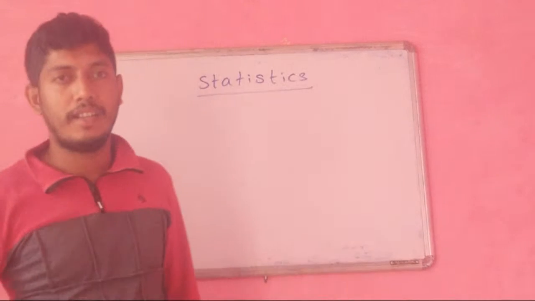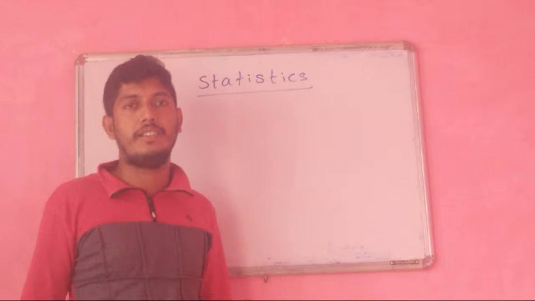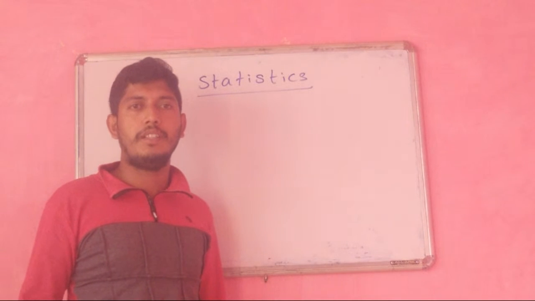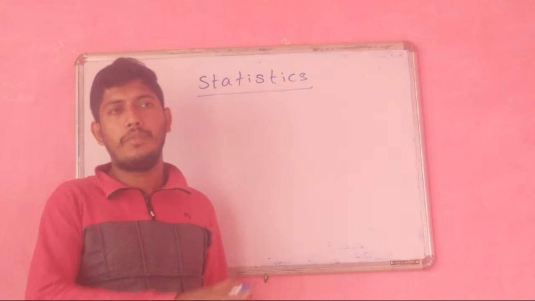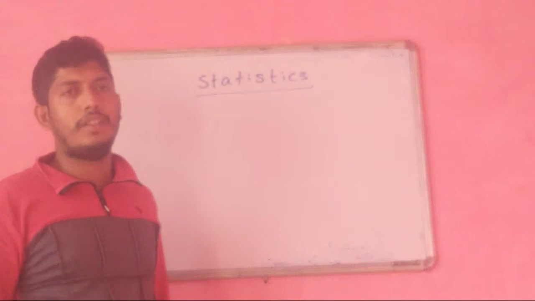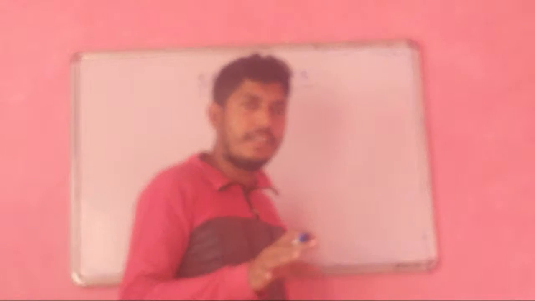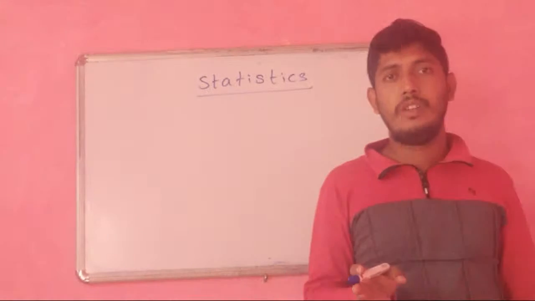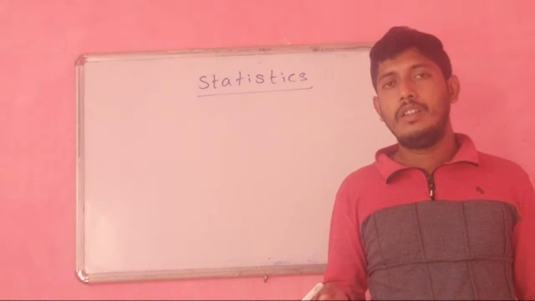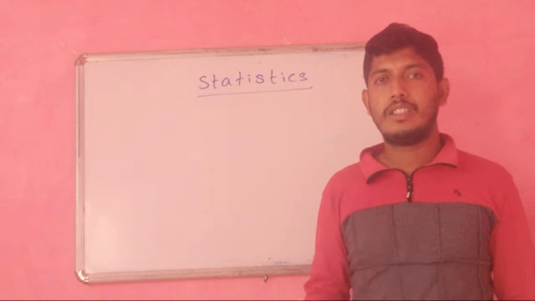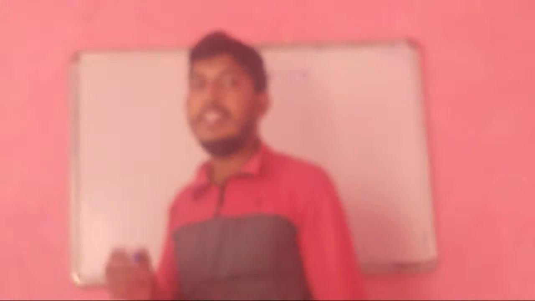central tendency. What is meant by central tendency? Central tendency means, for example, if you consider 10 data or 10 information, the tendency of that data to cluster around the central part.